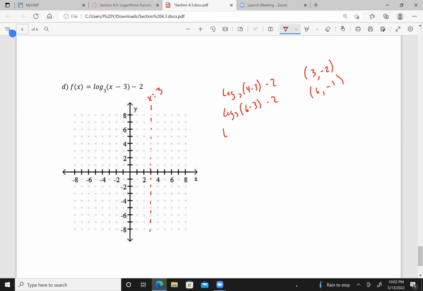And if I go log base 3 of 9 minus 3, that doesn't work. So let's see where we got. We had 3, that can't be right, because that's 4, not 3. So 4, negative 2, and 6, negative 1. And we can get the basic idea of how this looks.